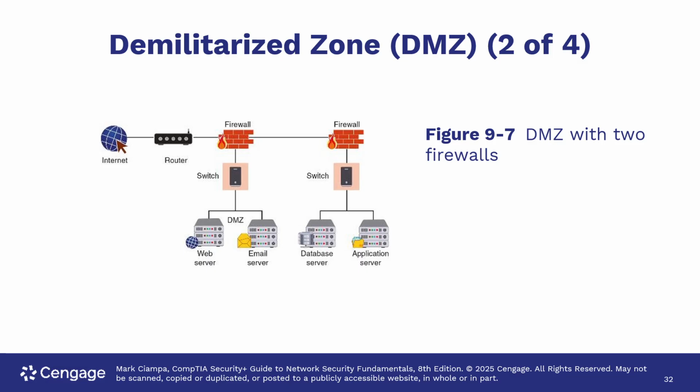Here's an example of a DMZ with two firewalls. You can see in the bottom left here is our DMZ, the web server and the email server. So you have the internet at the top, the router, the first firewall, and the first switch that goes down into the DMZ, and the second firewall and the second switch that goes down to the database and application servers.